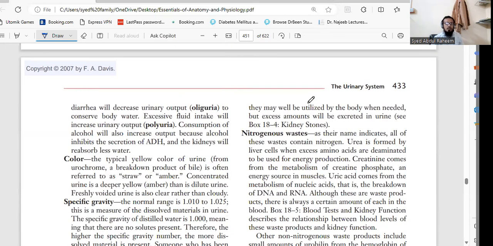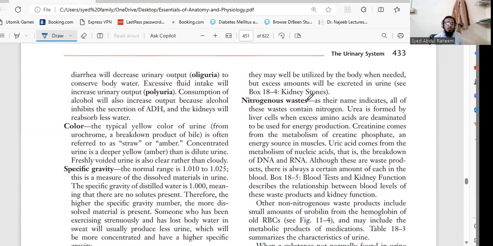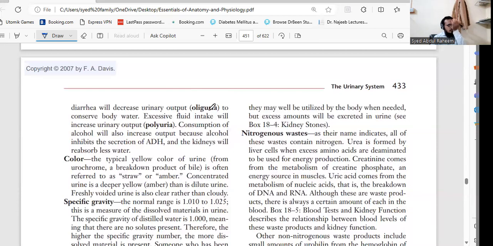If you have more urine, that is called polyuria. The term used for more urination is polyuria. If you have less urine, the term used is oliguria. Polyuria is seen in diabetic patients; oliguria is seen in diarrhea and other conditions of kidney diseases.